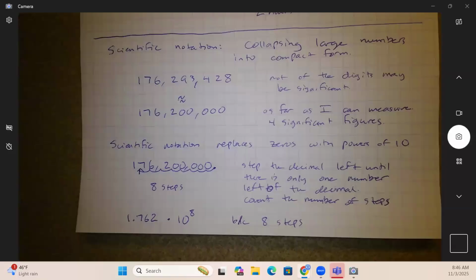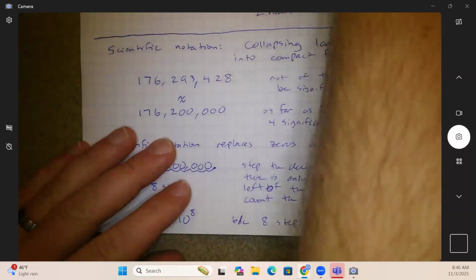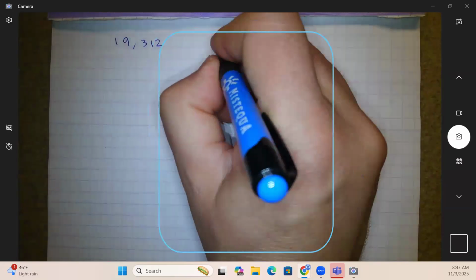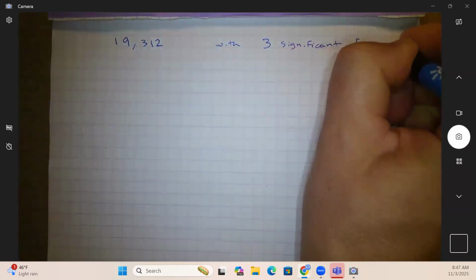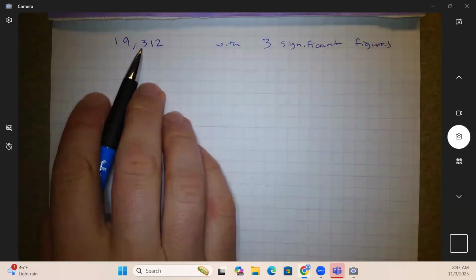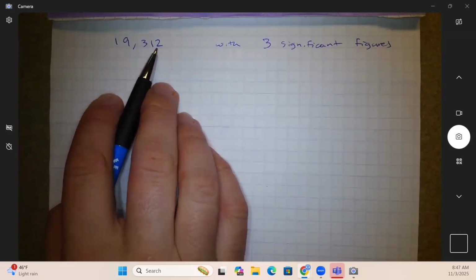Let's do another example. Let's look at 19,312 with 3 significant figures. So the 1, the 9, and the 3, I'm confident, but the last 12, that could be measurement error.